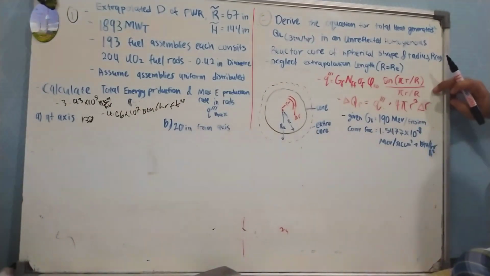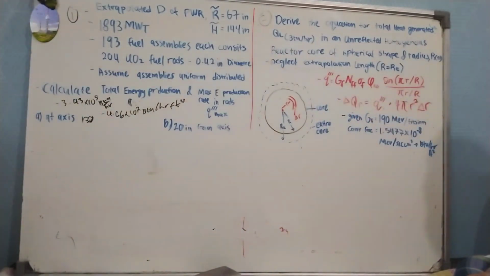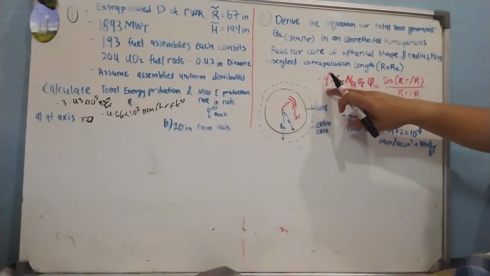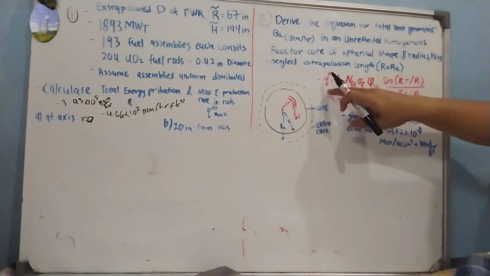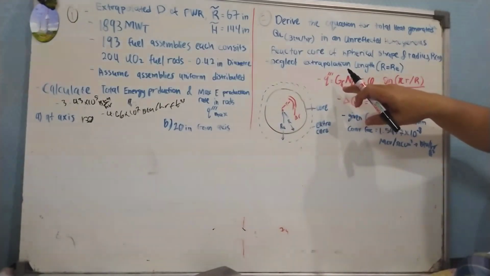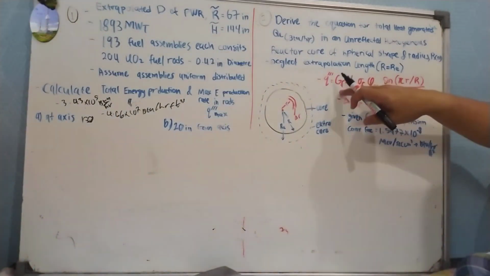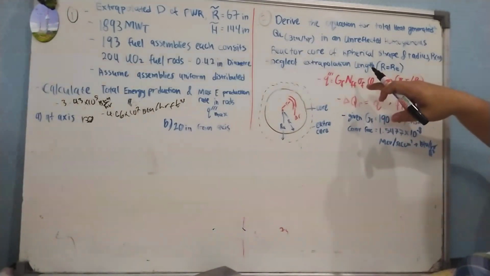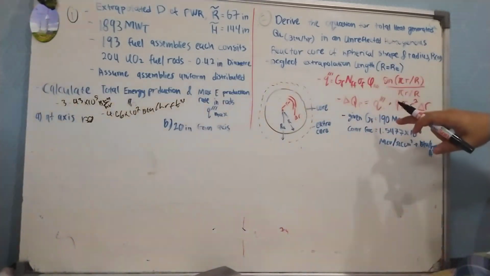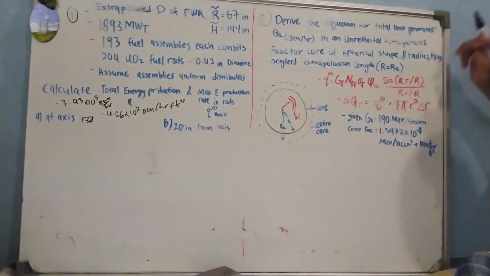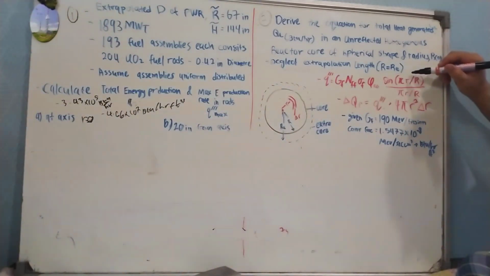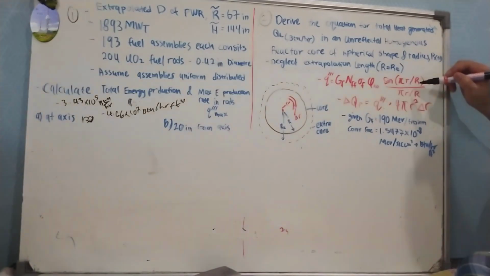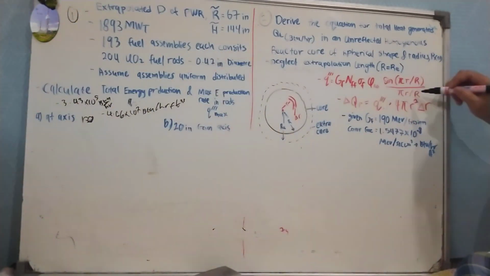So this is the formula for an unreflected homogeneous reactor core: Q, the volumetric thermal heat strength, is GF, meaning the energy times the density of fuel times the microscopic cross section times flux, times sine of pi r over R, where r is the distance and R the radius of the core, divided by pi r over R.